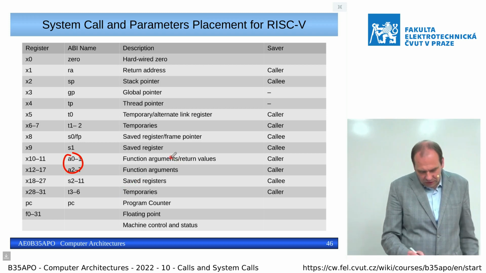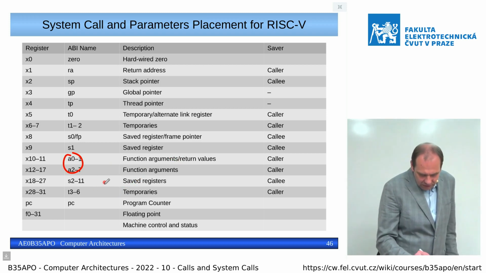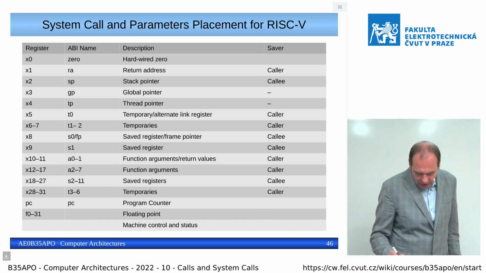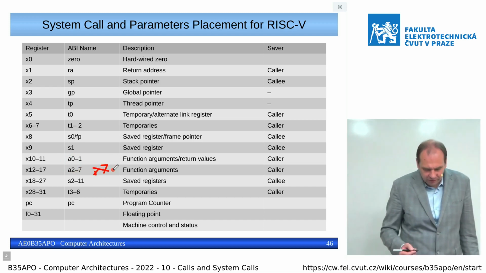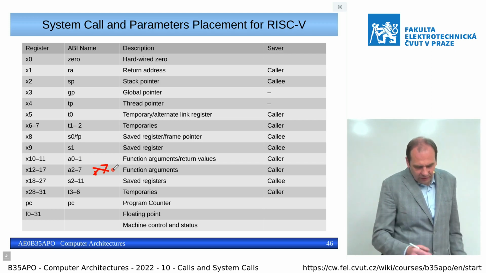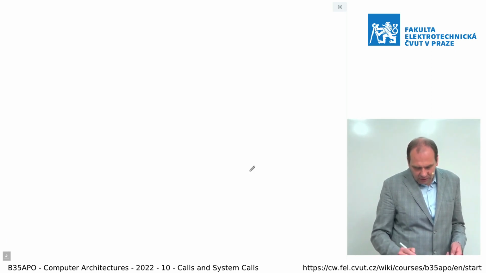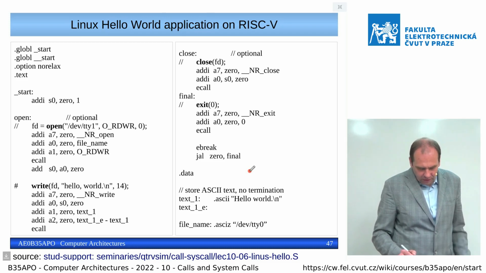It is not seen here. A7 specifies the actual service which we ask for, and the rest of the registers is not modified.